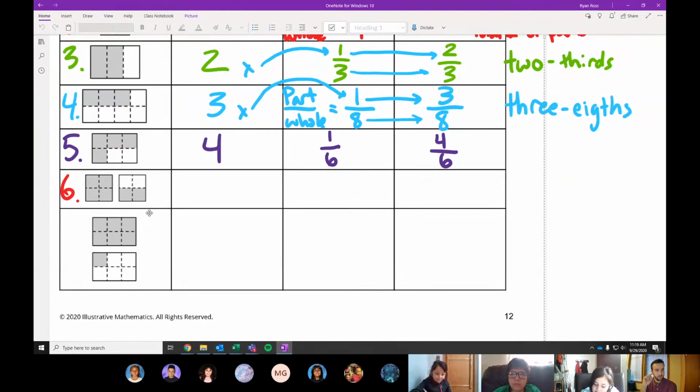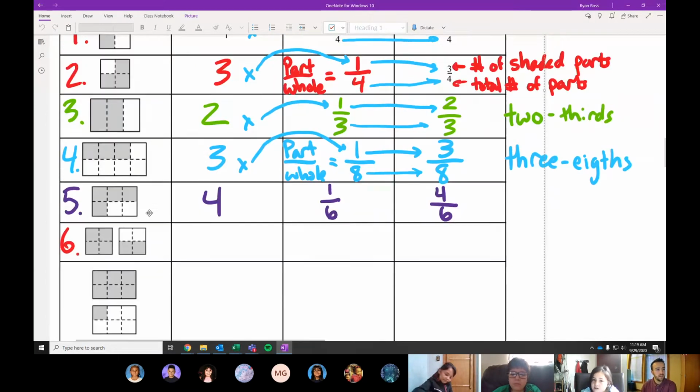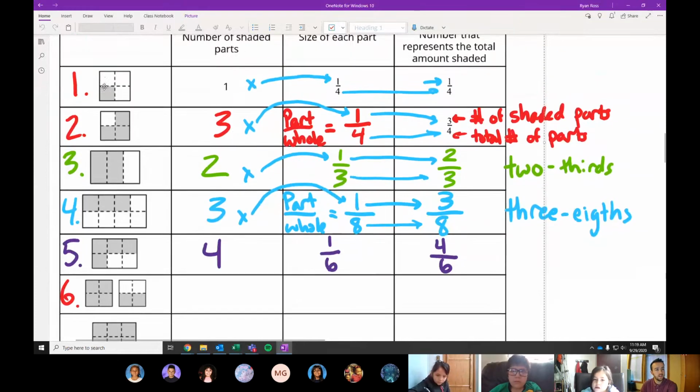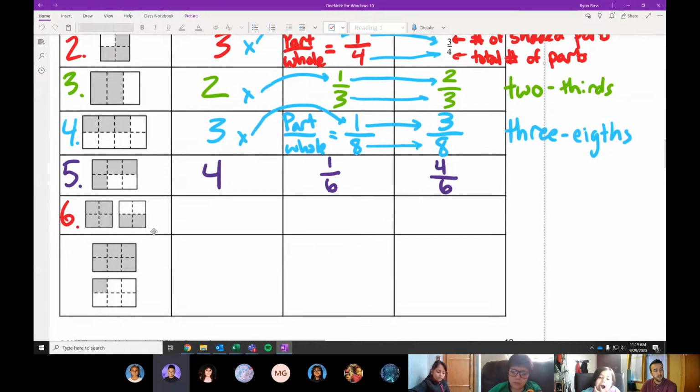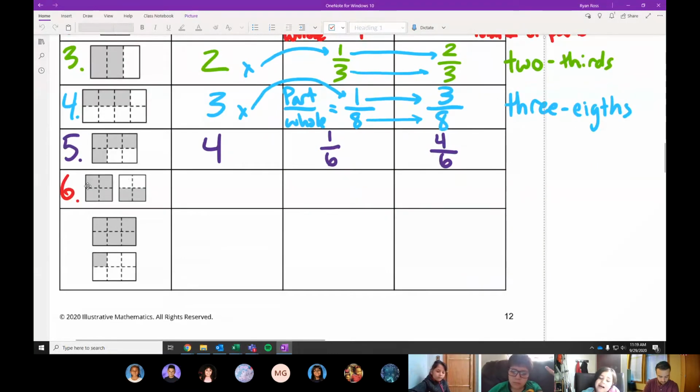Now here's the thing. When we were finding the total amount of pieces that made up each rectangle up here, we only had 1 rectangle or square, right? So for 1, we only had 1 big rectangle or square in that case. 2 was 1 big square. 3 is 1 big rectangle. But now down here for 6 and then 7, there are 2 squares and 2 rectangles.